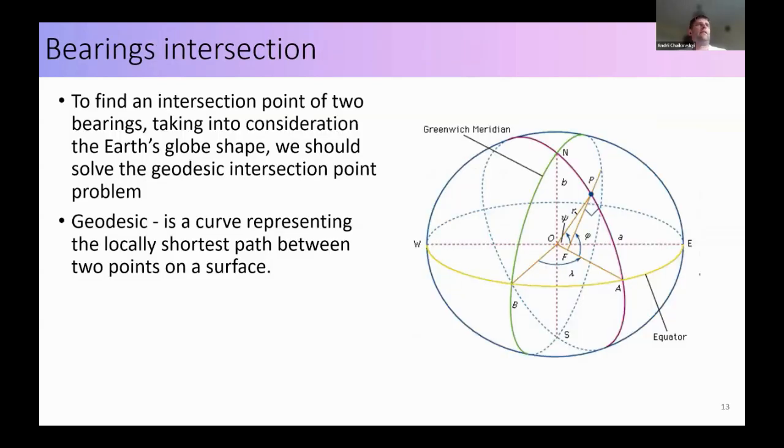This processing is finding the intersection point of 2 bearings, taking into consideration the globe shape. So we should solve the geodesic intersection point problem. A geodesic in our context is a curve representing the locally shortest path between 2 points on the surface.